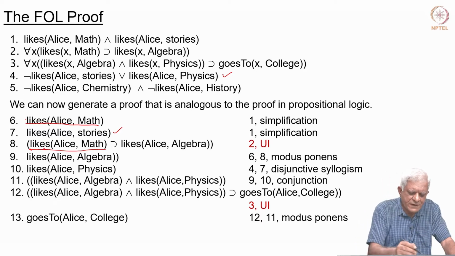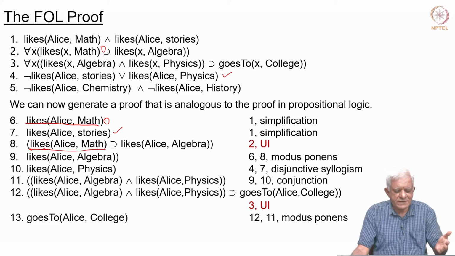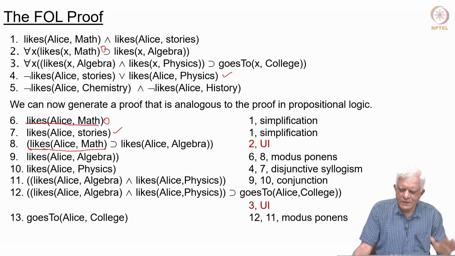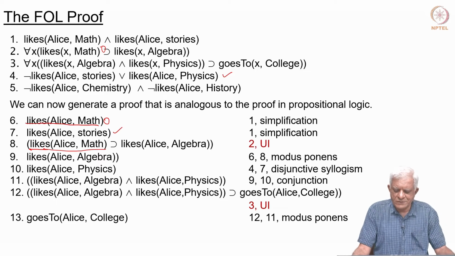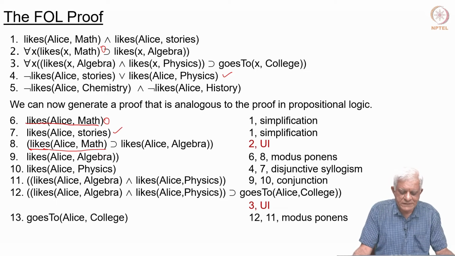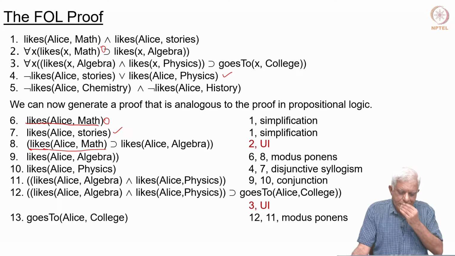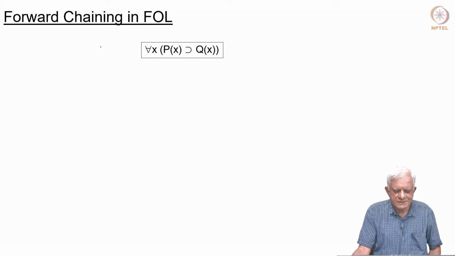That is why we could not take this and match it directly with this, because there it has an x inside and here it says Alice inside. So, the logical way to do this is to first use universal instantiation, generate an Alice-specific rule or implication, and then use that for modus ponens essentially.